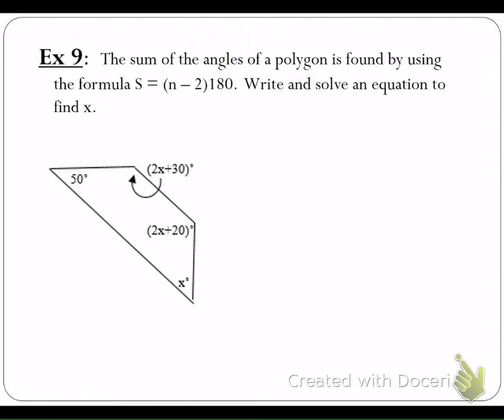All right, now we're going to apply it back to geometry a little bit. So this says the sum of the angles of a polygon is found by using the formula S equals n minus 2 times 180. Write and solve the equation for x. Okay. So write what I write, okay? S equals n minus 2 times 180.